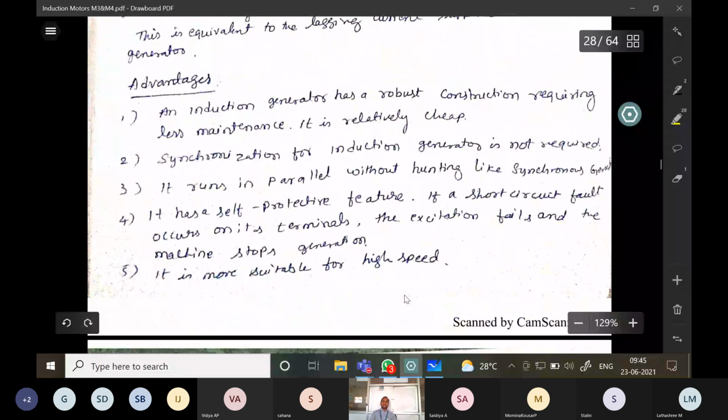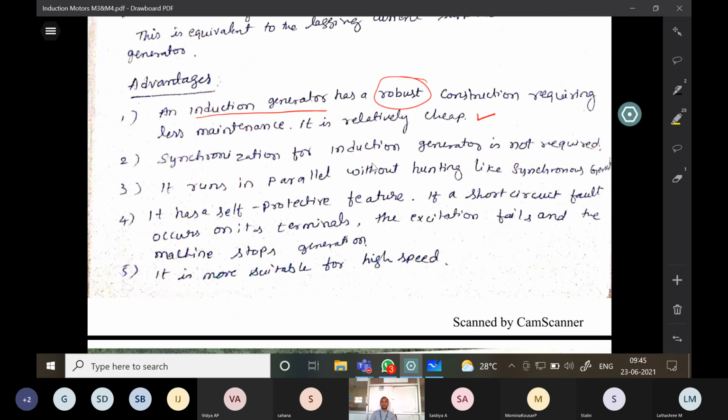The induction generator has a robust construction, so it requires less maintenance, and it is relatively very cheap. Hence we go for the induction generator. It is very cheaply available and has robust construction. So these are the advantages. And synchronization is not required for the induction generator.